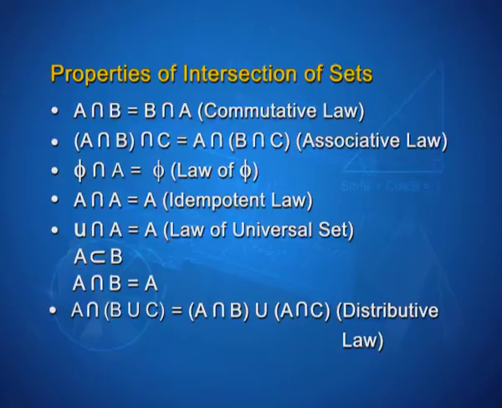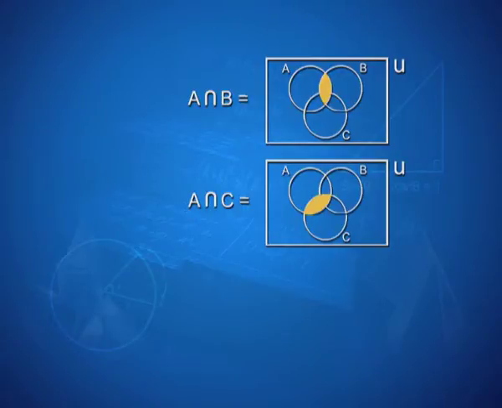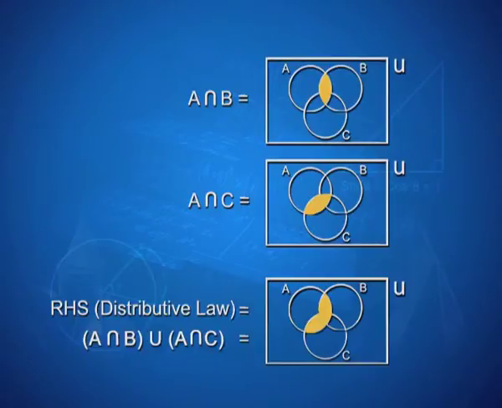Drawing the Venn diagram of A intersection B, we can see that this shaded part represents A intersection B. Drawing the Venn diagram of A intersection C, we can see that this shaded part is represented as A intersection C. But when I do the union of both these Venn diagrams, I will get (A intersection B) union (A intersection C). And the Venn diagram will be represented like this. This shaded region represents my right hand side.